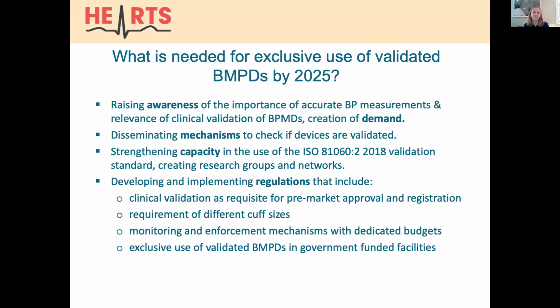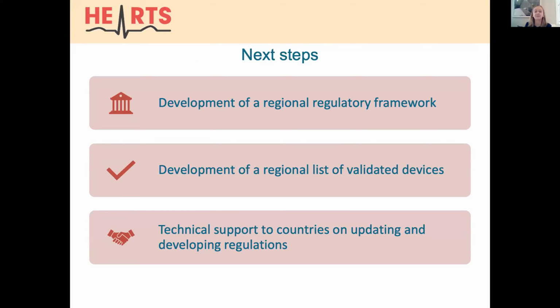The next slide, please. So what PAHO sees as the next steps in this strategic area of work, which is blood pressure measurement: development of a regional regulatory framework that could serve as a model for the countries to adapt or implement. And support for the development of a regional list of validated devices, because now there are these international lists, and also some countries have national lists.